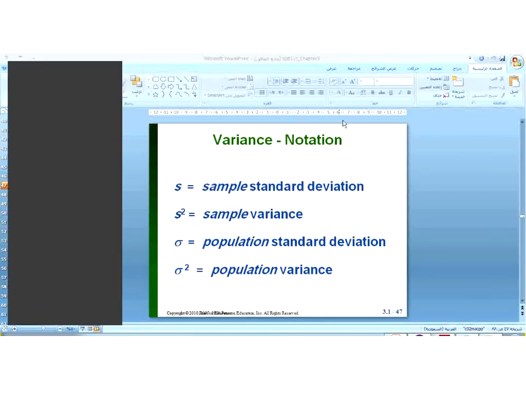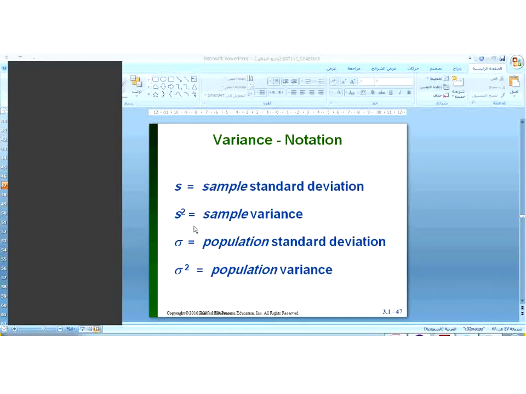So here we will focus on the notation. For the population, which symbol will I use, S or sigma? Sigma.